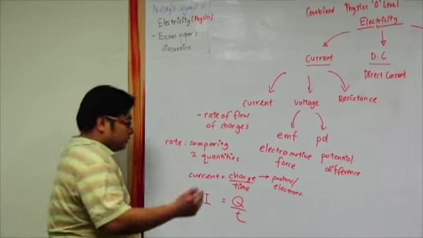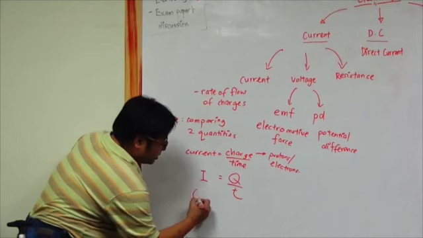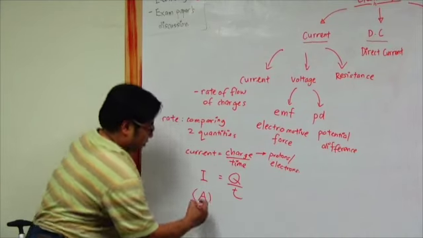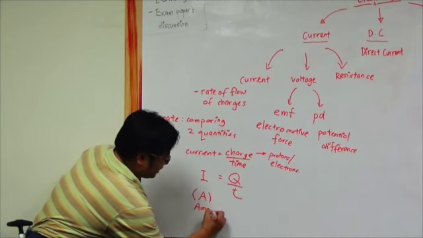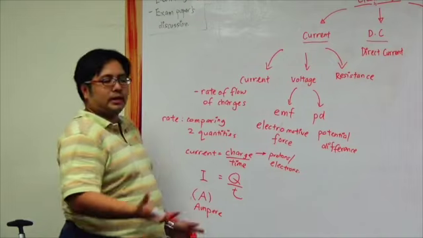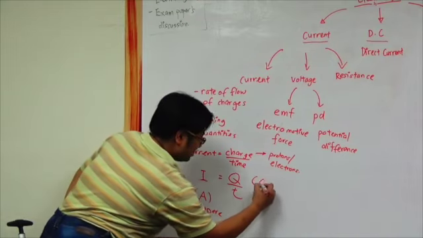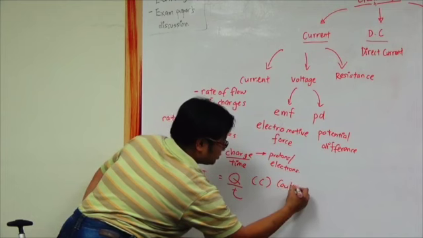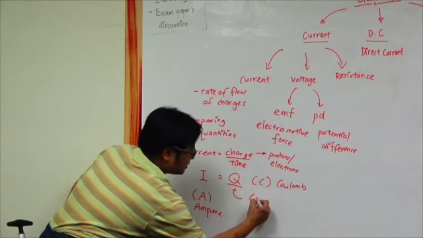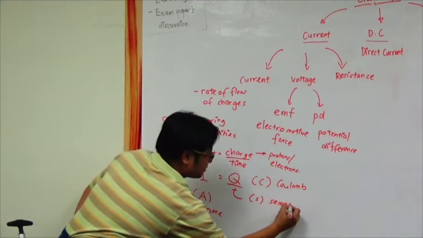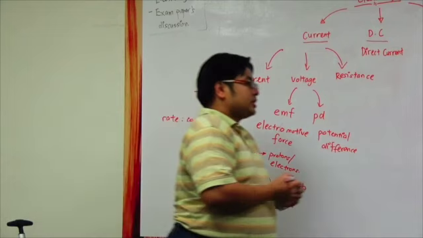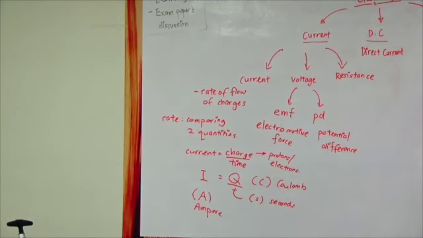For current, the unit is the ampere, spelled A-M-P-E-R-E. I think it's a French man's name. Q is in coulombs, and the time is in seconds. So this is the first formula that you need to learn.